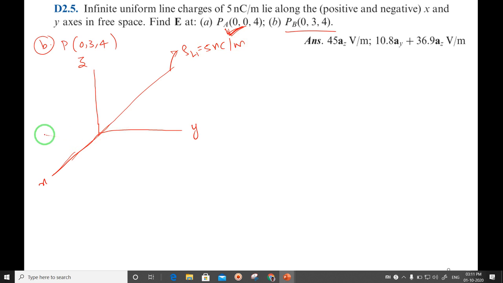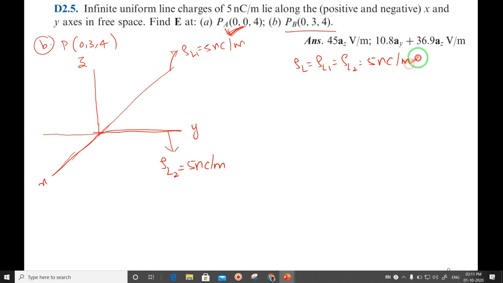Along the y-axis, another infinite line charge is lying, whose line charge density is rho L2. Let me call it rho L2, and it is also the same, 5 nanocoulomb per meter. Both are one and the same. Rho L is equal to rho L1, which is equal to rho L2, that is equal to 5 nanocoulomb per meter. It is given.